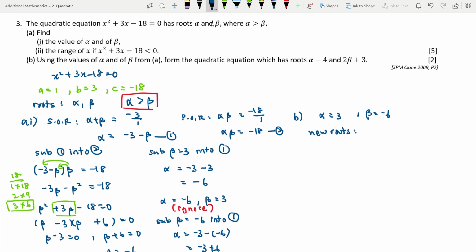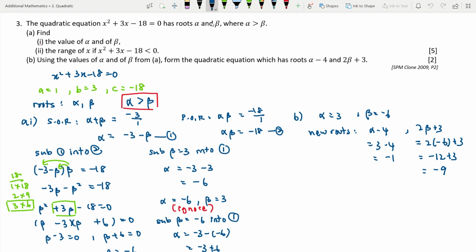The first root is alpha minus 4, which is 3 minus 4, -1. The second root is 2 beta plus 3, which is equal to 2 multiplied with -6 plus 3, -12 plus 3. The second root is -9.